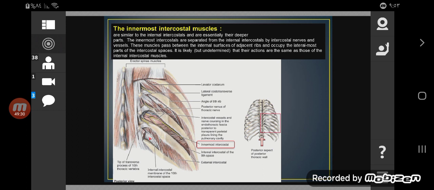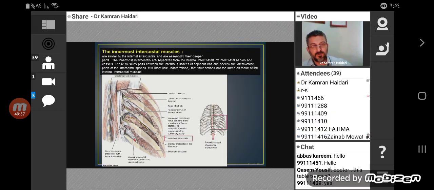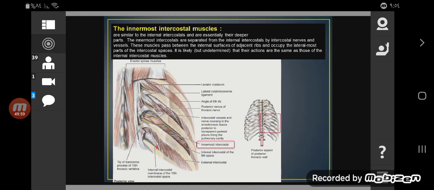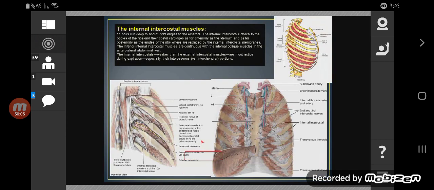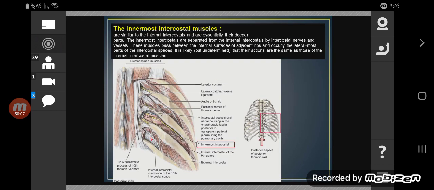All right, because of the location of the internal intercostal membrane and external intercostal membrane, we can use this term instead of intercostals, anterior, okay? All right.